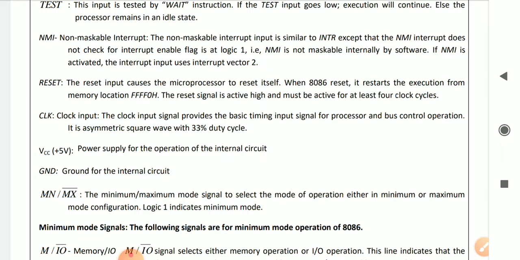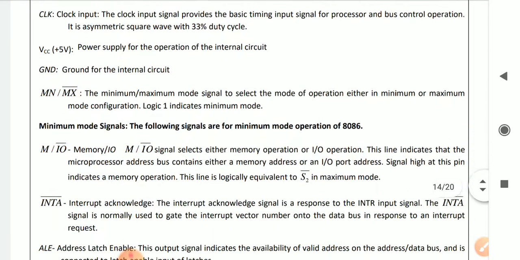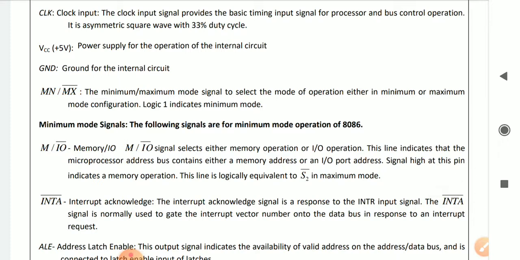So MN/MX bar decides which mode of operation is going on inside the processor. This topic is quite important for the exam purpose.